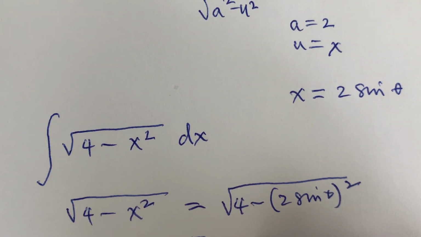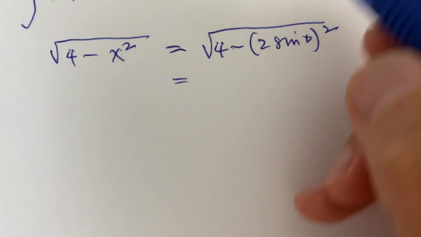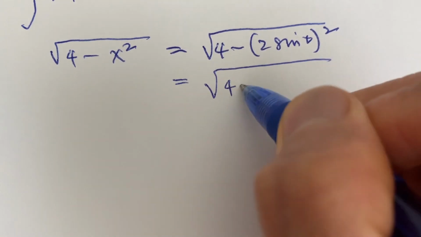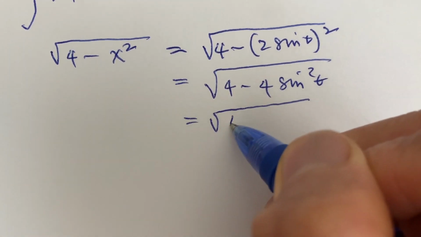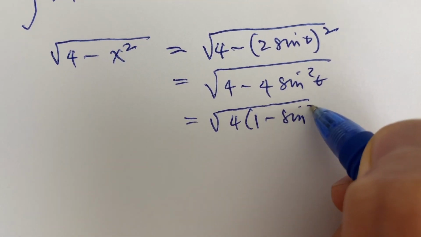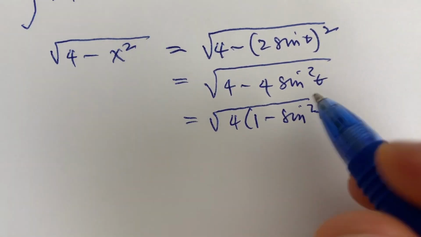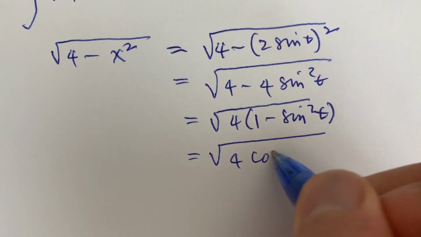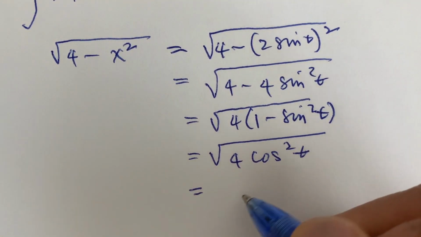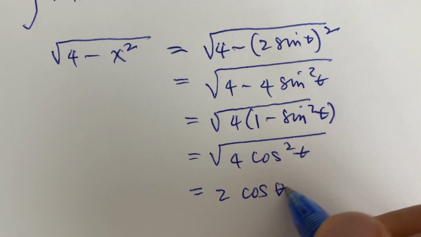And what will this give me? That will give me 4 minus 4 sine squared theta, and that will give me 4 times 1 minus sine squared theta, and from your Pythagorean identities, 1 minus sine squared is cosine squared theta, and so that reduces to 2 cosine theta.